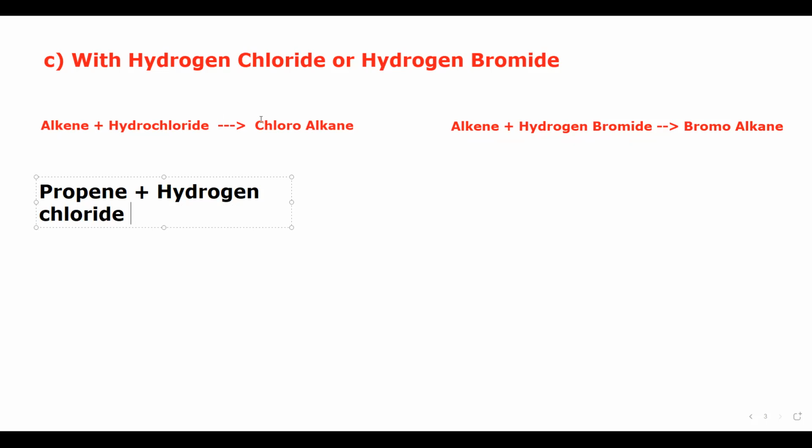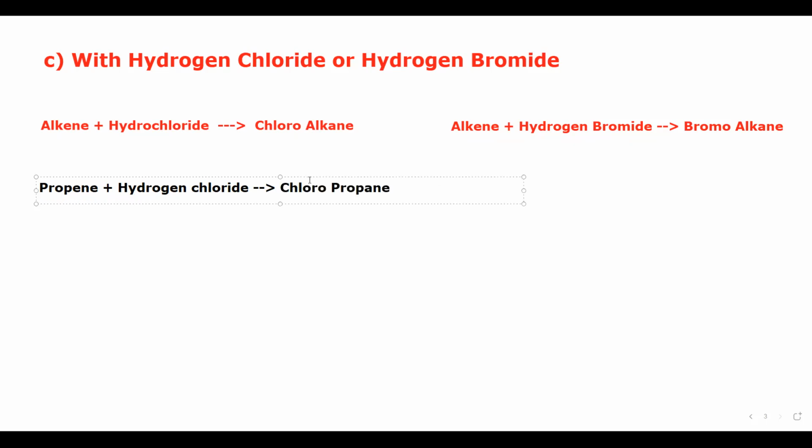So propene reacted with hydrogen chloride. What will be the product? The product will be chloropropane, meaning chlorine is attached to propane. So alkene always converts into alkane structure during our addition reaction, as you can see.